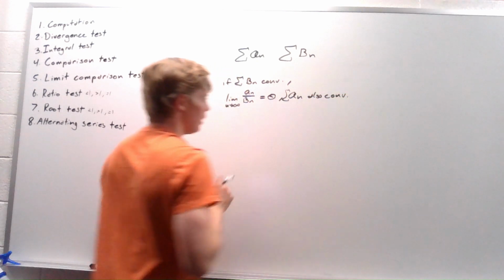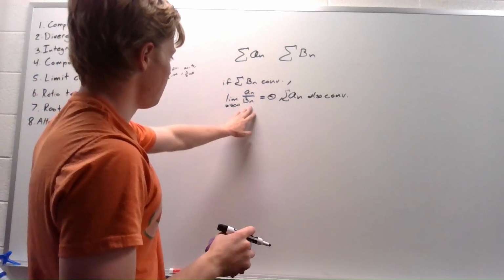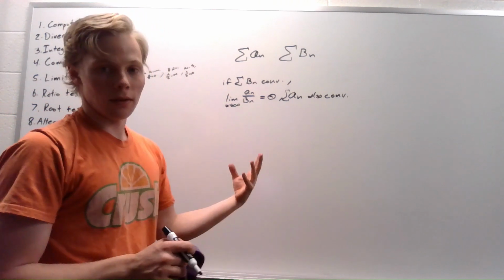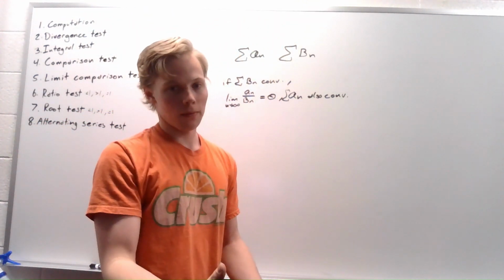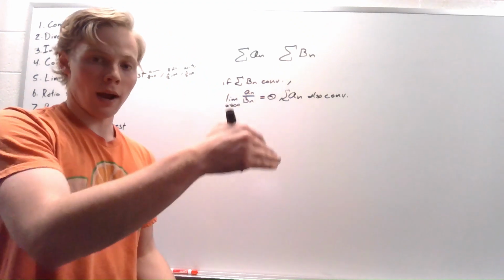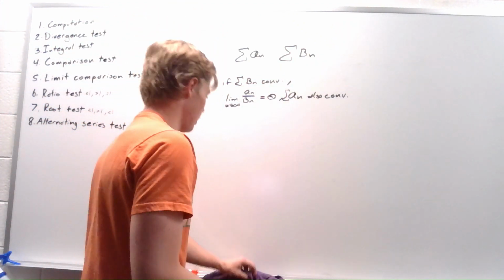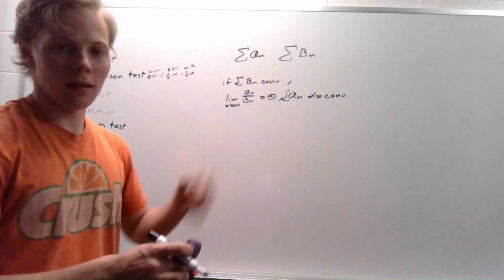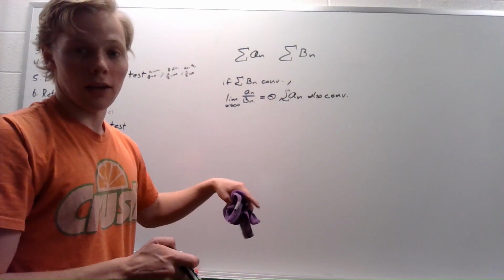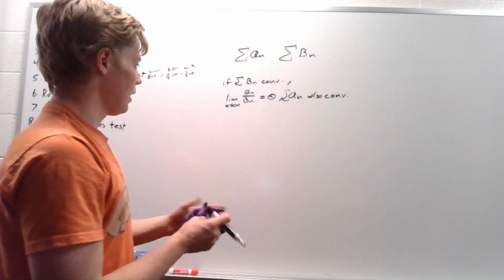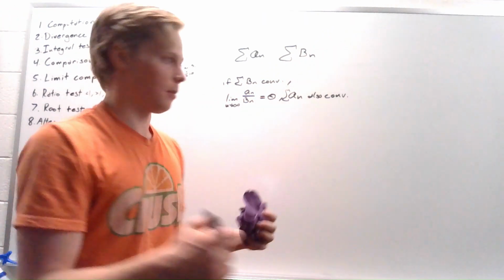And so the reasoning for this is that if b sub n converges, that means it goes to 0 quick enough that no matter how much of it you add, you never get past a certain number. And so if you take another function, a sub n, and you divide it by b sub n, and you still get 0, that means that b sub n is infinitely bigger than a sub n.